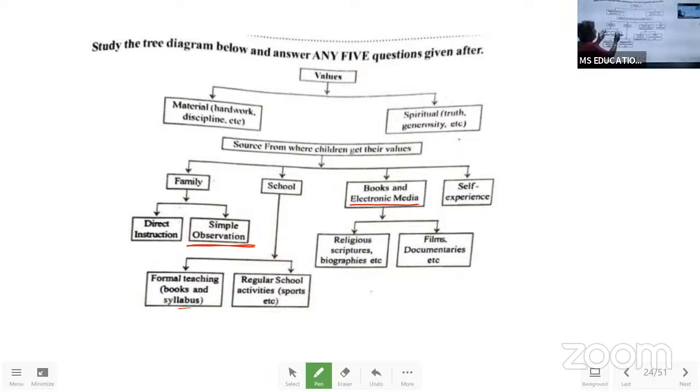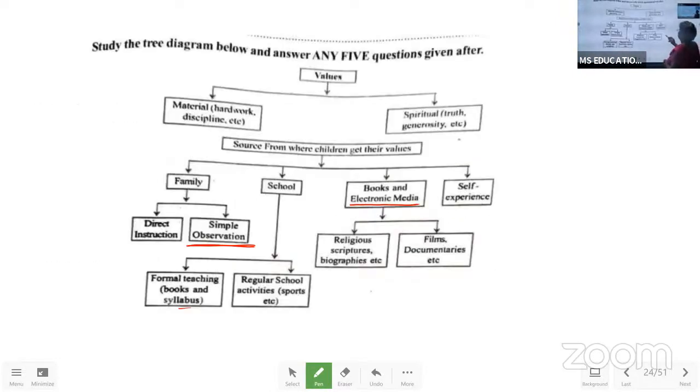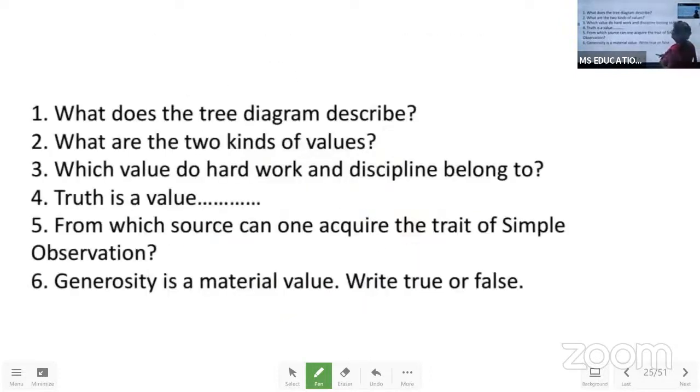So children, looking at the table, you can answer very quickly. Truth is a value of spirituality. From which source can one acquire the trait of simple observation?